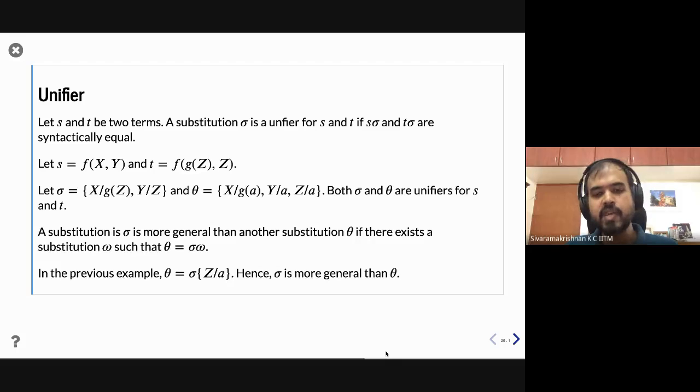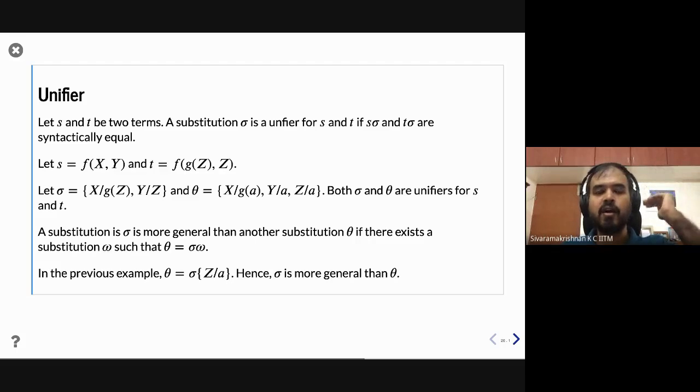Okay, so we are building this property of more general. So given two terms, you can have multiple substitutions, and one is more preferable than the other, right? So the natural question is, if there are multiple substitutions and we can compare them, where one is better than the other one, is there one that is the best among these substitutions?